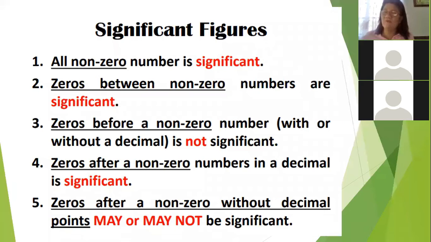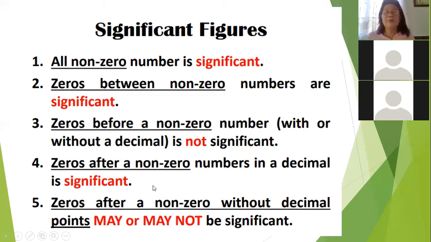So if it is 103.00, how many significant figures? Only 3. That is 1, 0, and 3. The point plus 00 is no longer counted because it is not significant. Number 4, zeros after non-zero numbers in a decimal are still significant.